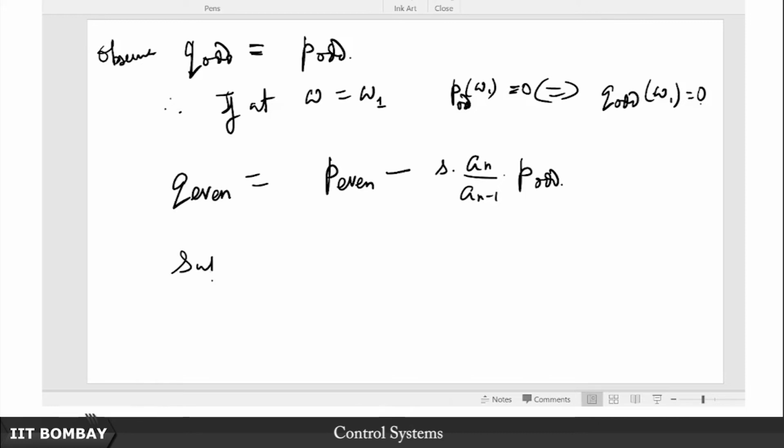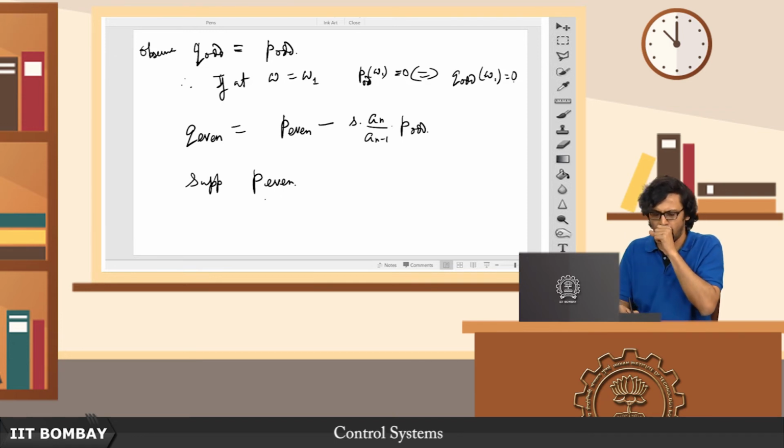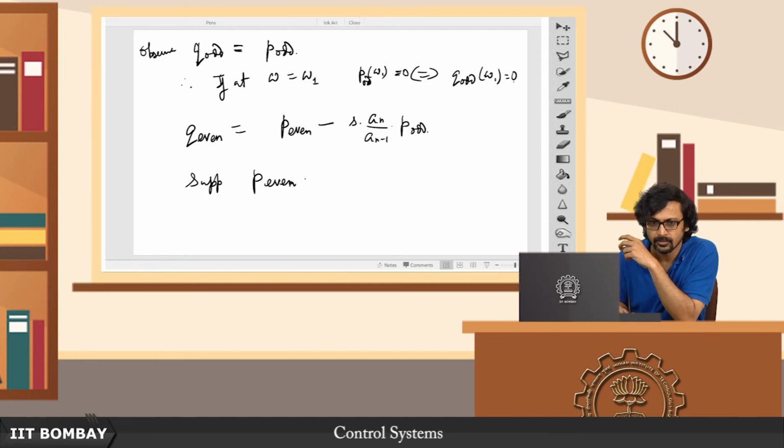Now suppose P even vanishes at some omega 2 and omega.